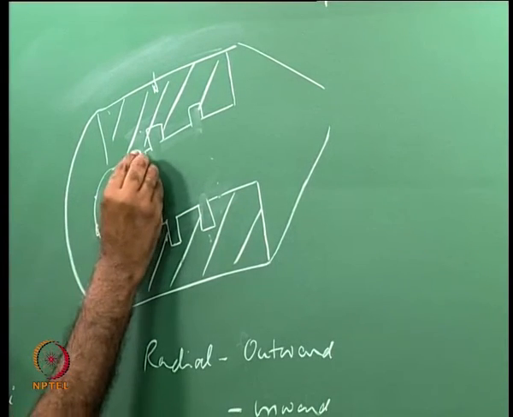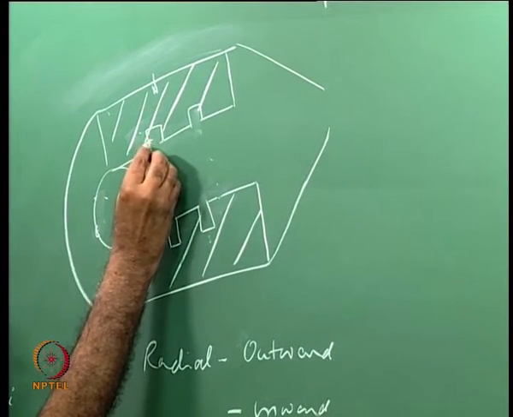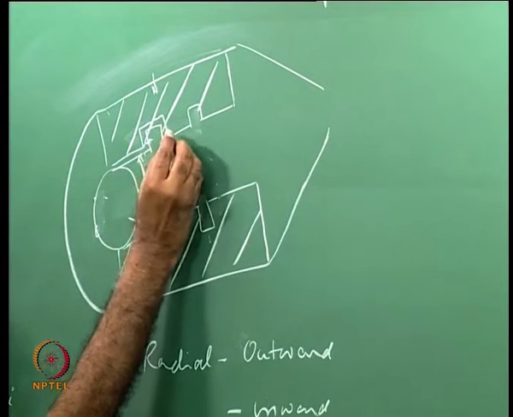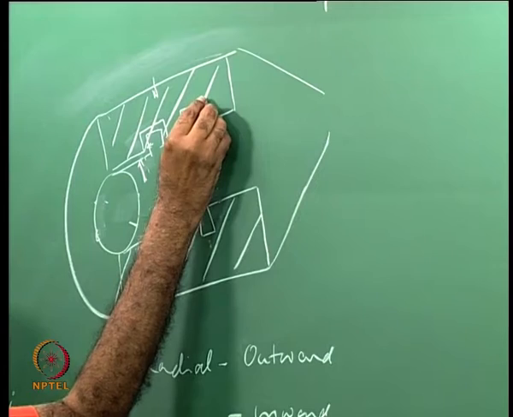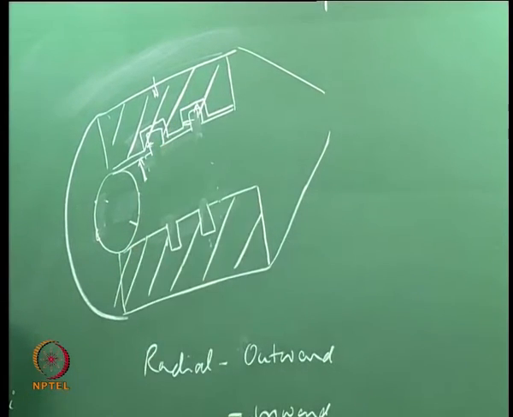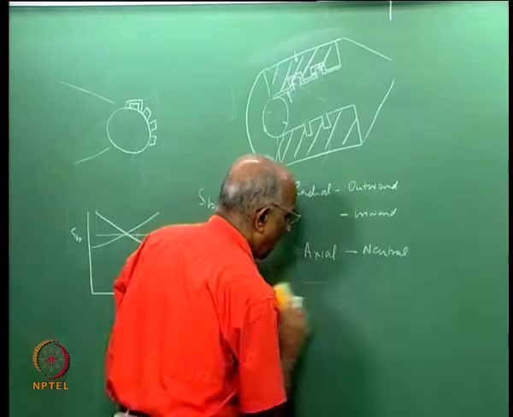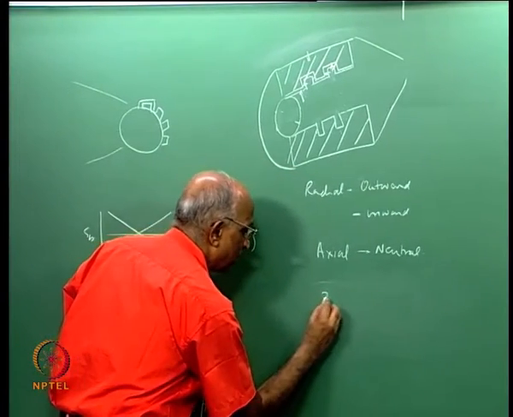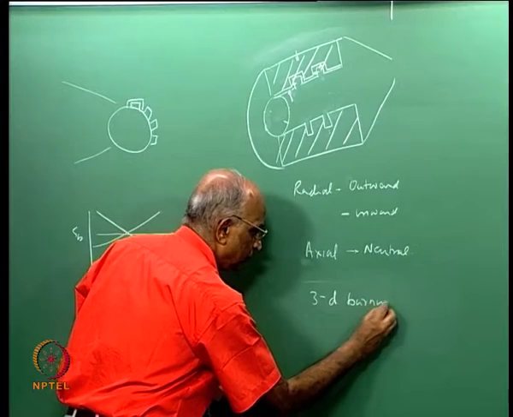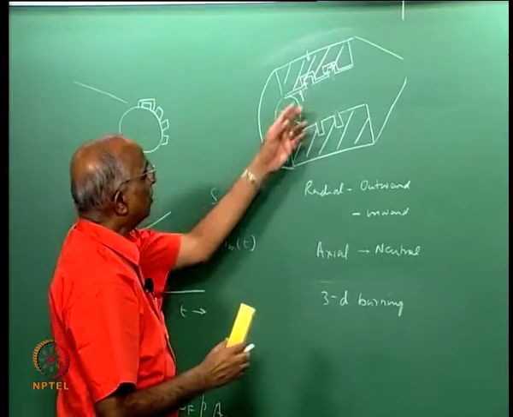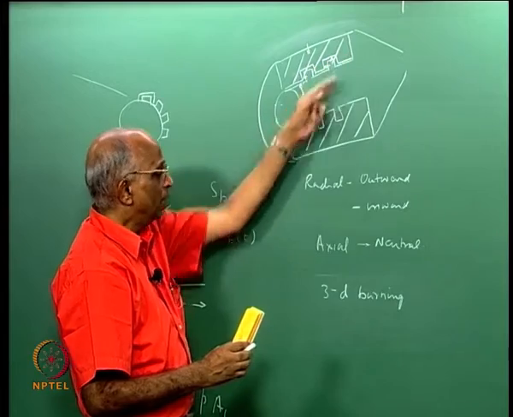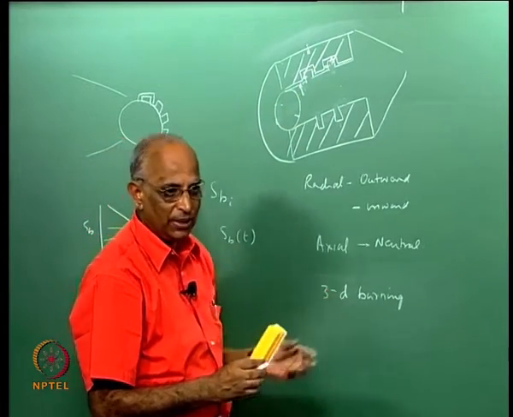Burning goes radially here, burning goes axially here, that means at the next instant of time the surface is going to be something like this, coming over here, surface comes here, something like this. It goes both axially and radially, and these are known as radial cum axial burning or 3-dimensional burning surfaces. In other words, it is both axisymmetric as well as axial, and therefore these are known as 3-dimensional burning surfaces.